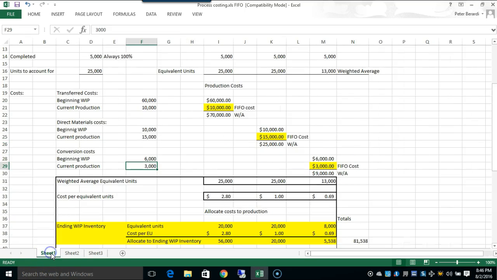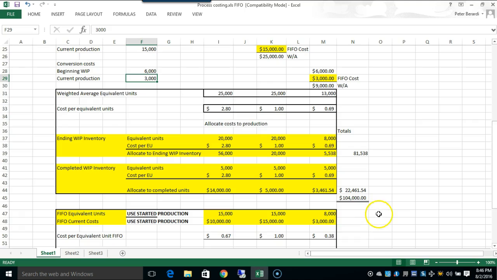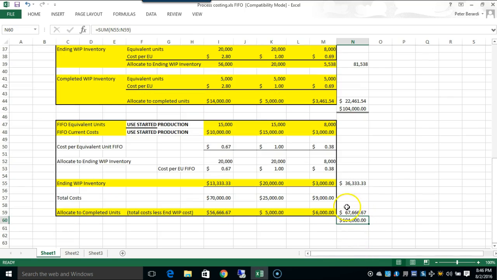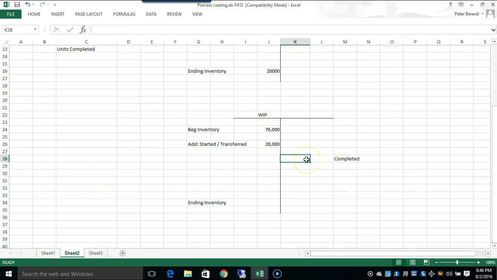Completed is different under FIFO. Under completed, we calculated 36,333. I'm sorry, 67,667. Notice it's much higher than the weighted average. So 67,667 is completed.